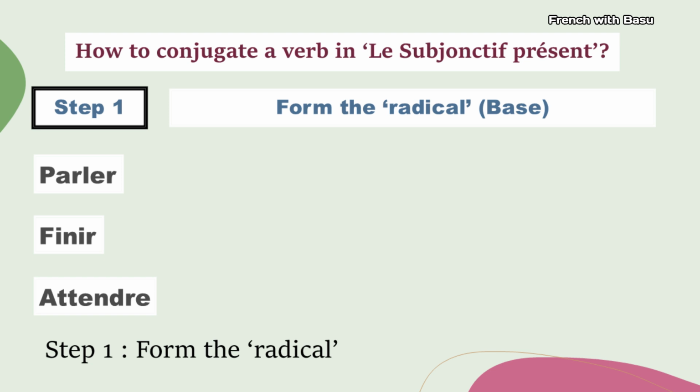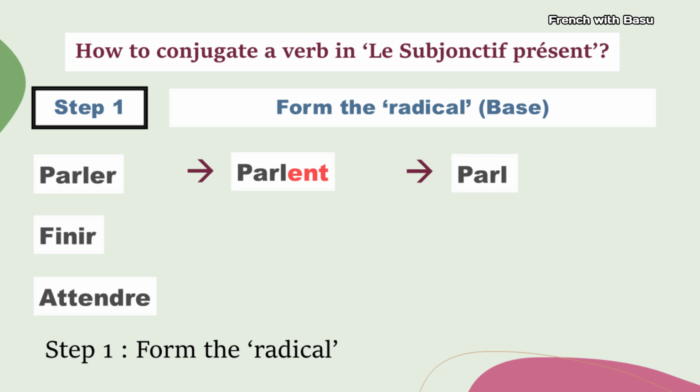For example, let's take parler from first group. Let's take the third person plural of présent tense, parlent, P-A-R-L-E-N-T, and remove the final E-N-T. Parl, P-A-R-L. This is the radical for le subjonctif présent tense.